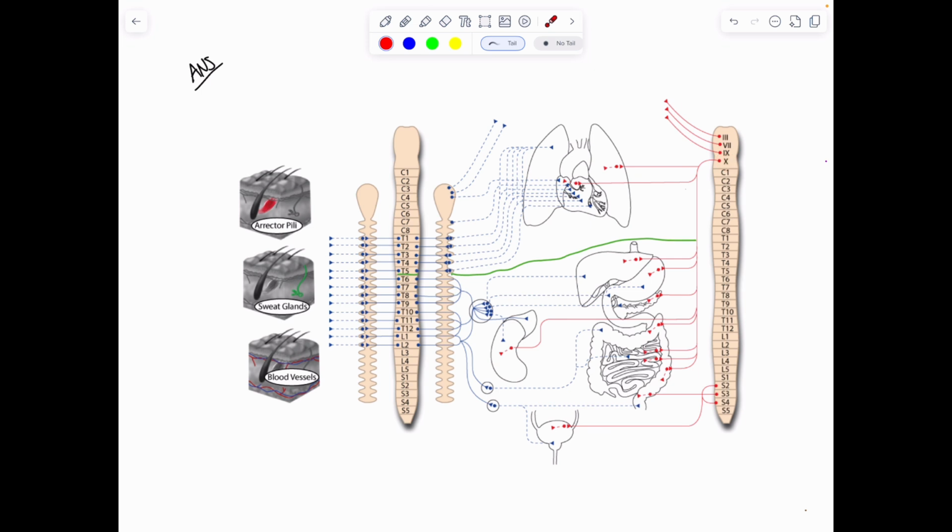And so the vagus nerve produces 75 to 80% of all the synapses for the rest and digest system. And one more thing, the sympathetic nervous system starts at T1 and it goes to L2.